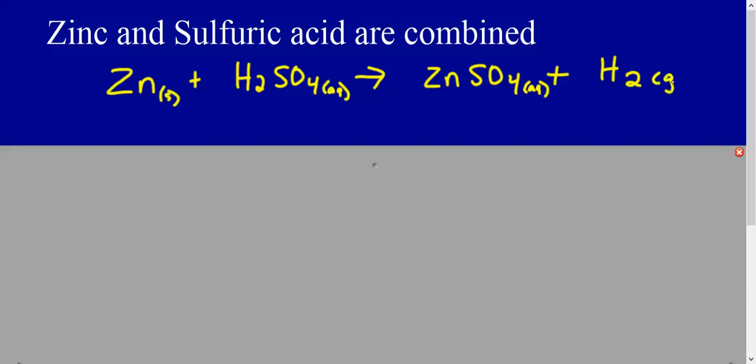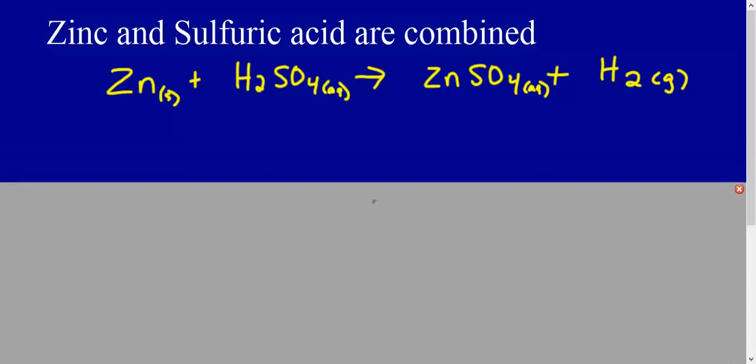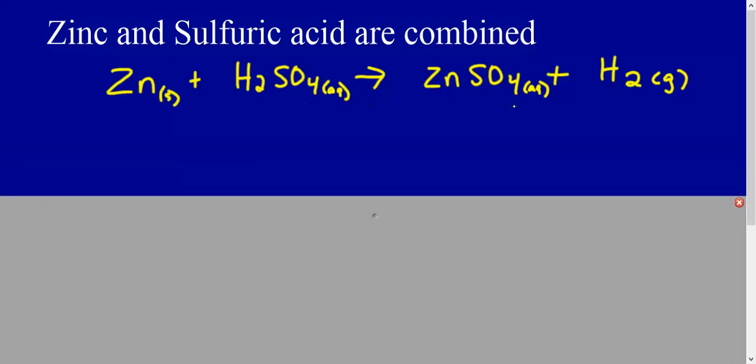The next step, separate all the aqueous species into their ions. Leave the solids and the gases intact with no charge. Zinc solid. I left out balancing, but this equation is already balanced, so that works out. There are 2 hydrogens, and they separate into ions, so therefore H+ aq.